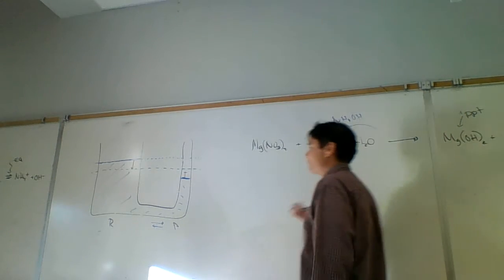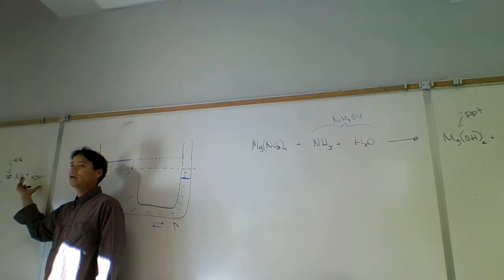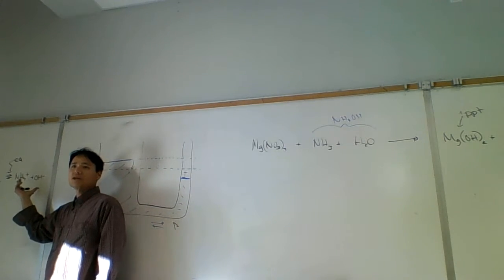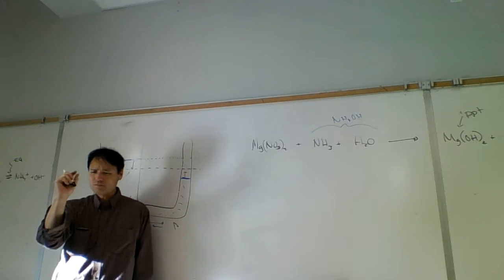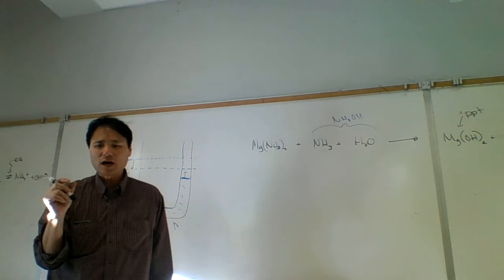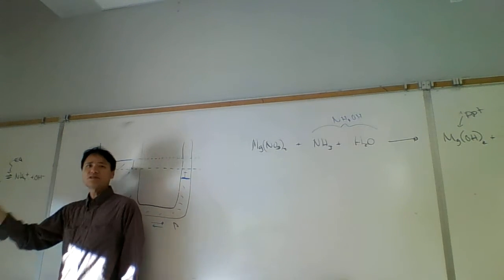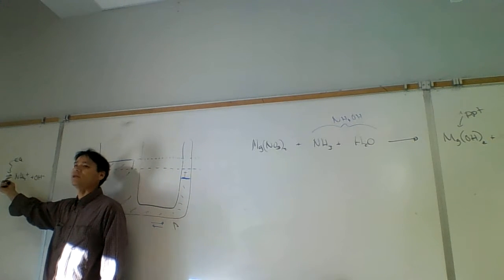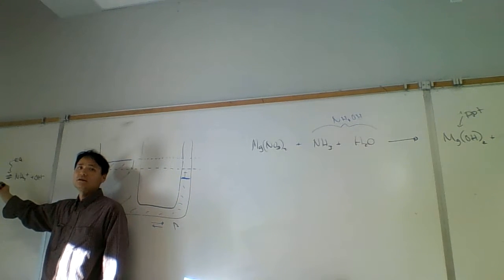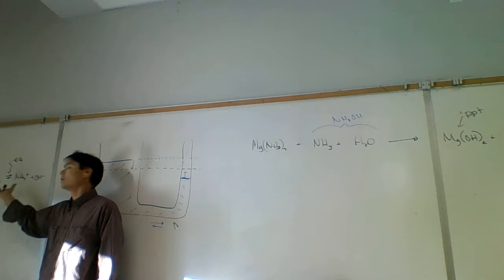Is there much driving force for this? There's not much driving force for this. But we got to remember Le Chatelier's principle. Le Chatelier's principle says even though we aren't going to form much hydroxide, in fact, we're going to form minimal amounts of hydroxide, we're always going to form more, because as the hydroxide is being consumed in the metathesis reaction, Le Chatelier says this is going to shift to the right, meaning, in fact, we can form a lot of hydroxide.